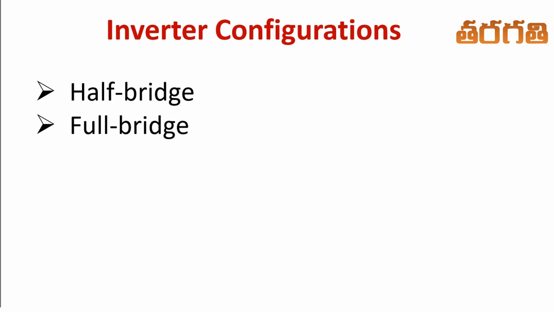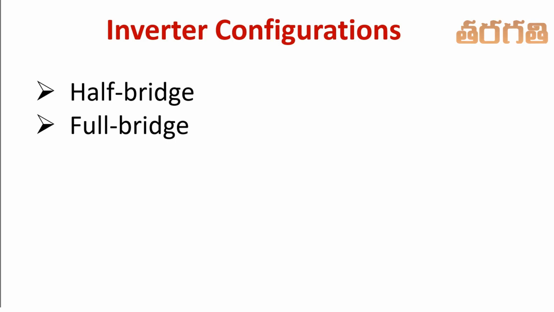Based on the type of arrangement, these inverter circuits are of two types: half bridge inverters and full bridge inverters. A bridge circuit for a single phase will contain two arms, so a half bridge will contain only one arm, and one arm will contain two switches.